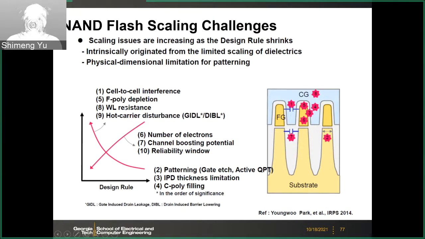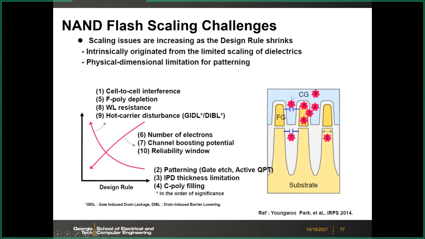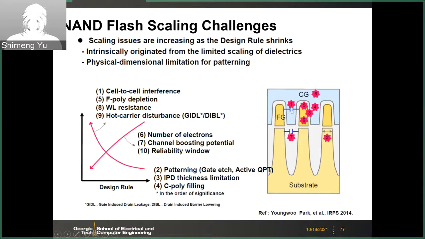I will not read them one by one, but basically there are many challenges related to the design. For example, we can look at a few. The first one is the so-called cell-to-cell interference. This is the coupling between the floating gates.